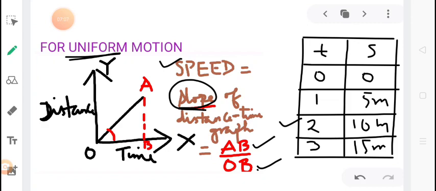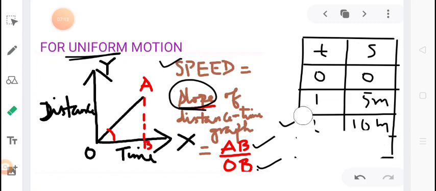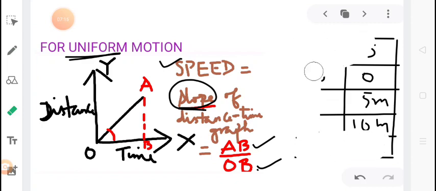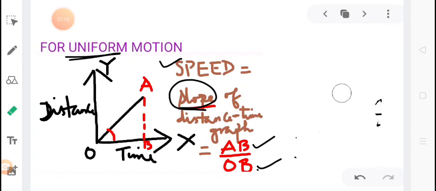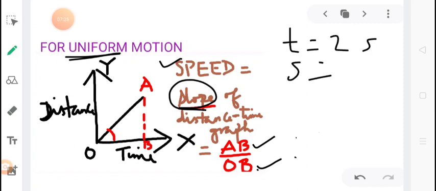Now let me very quickly clear out the values so as to create some space. So for time equal to 2 seconds, distance traveled was 10 meter.